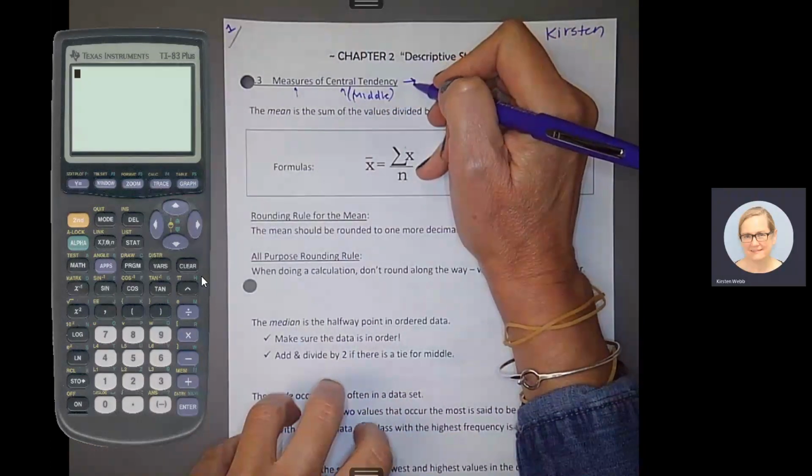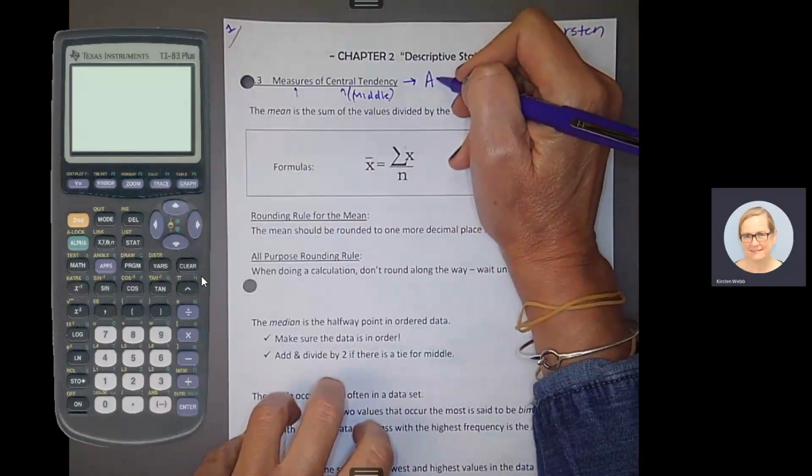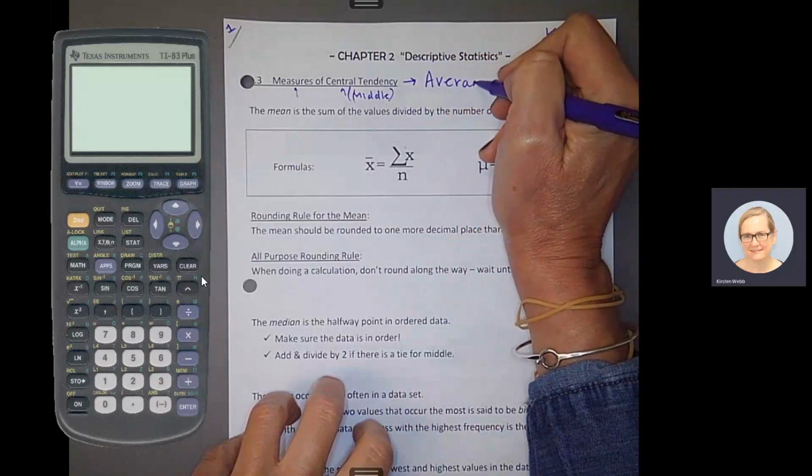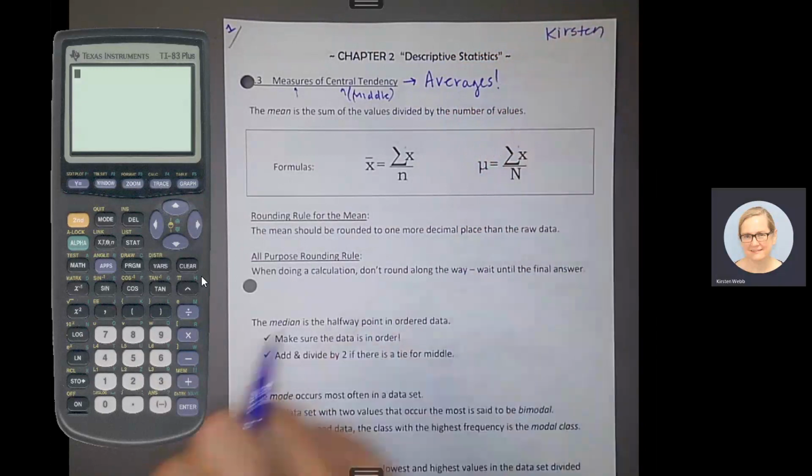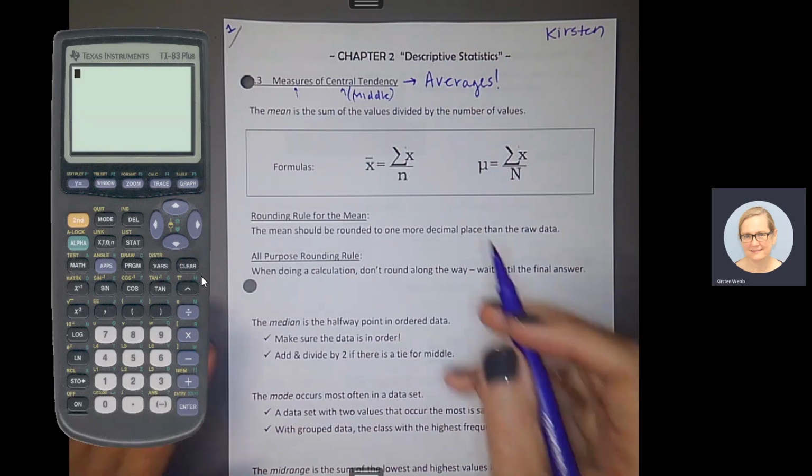We've talked about one of these already when we did some averaging with our rectangles. It turns out technically there's more than one type of average. When we add everything together and divide by the number of items, there's a fancy name for that. Does anybody happen to know what it is?